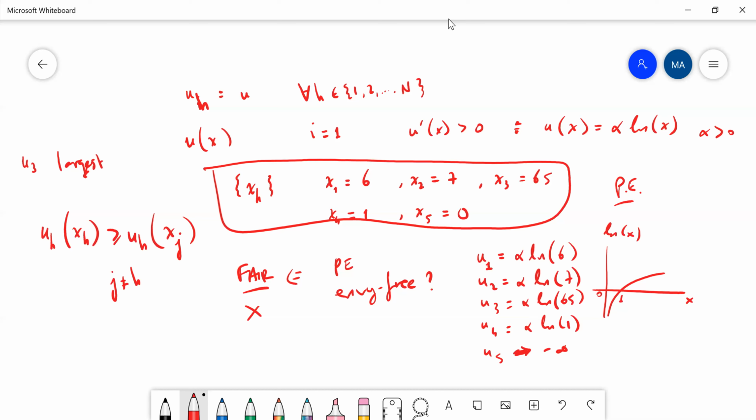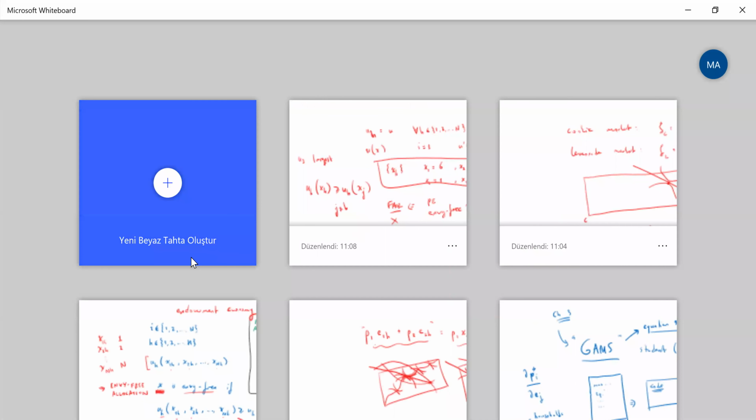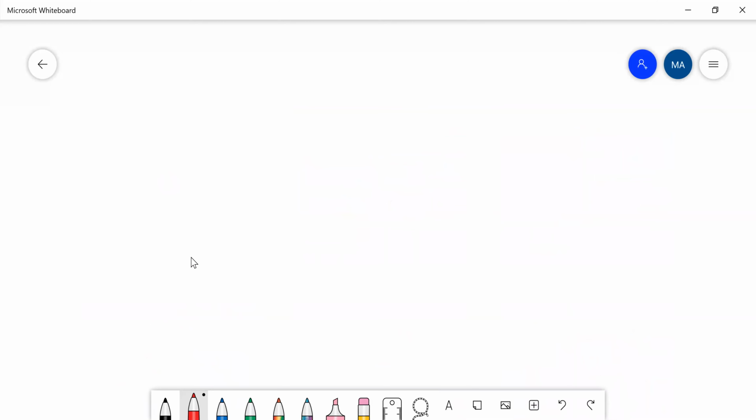Okay? So if you further imagine another example. Let's now imagine 2 persons and 2 goods.